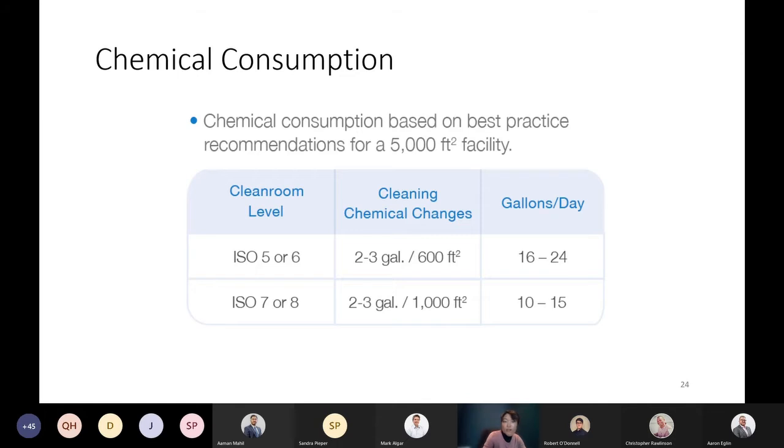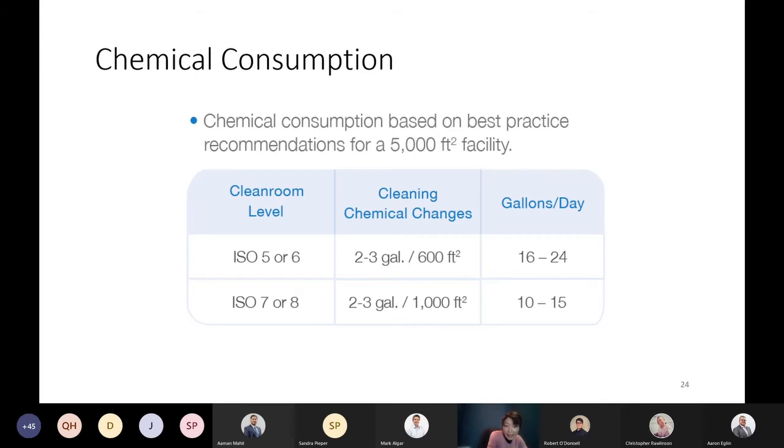So basically, you need to use 2 or 3 gallons of chemical for every 54 square meters. For ISO 7 or 8, you need to change it about every 93 square meters, with 2 or 3 gallons of liquid for every 93 square meters.